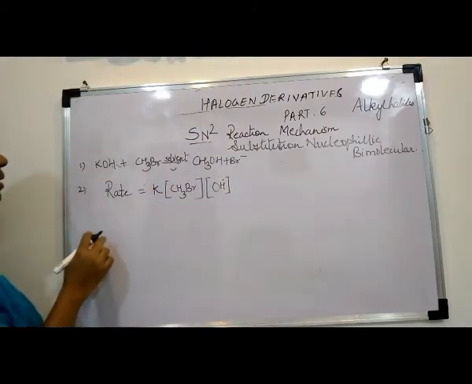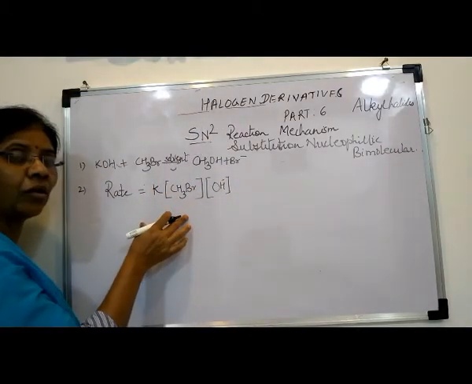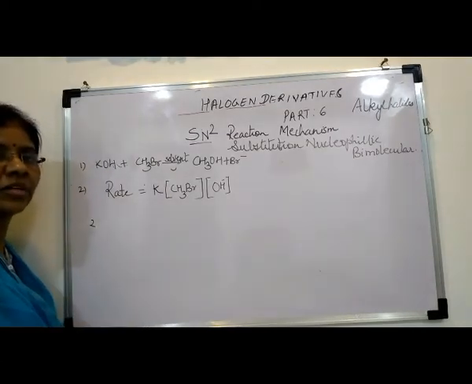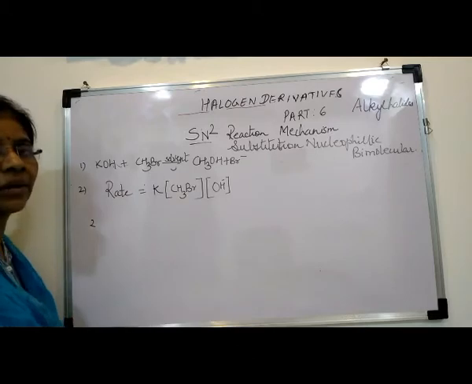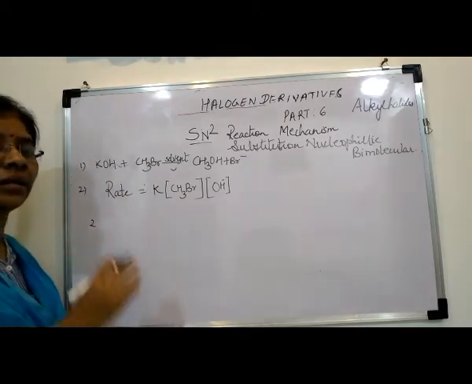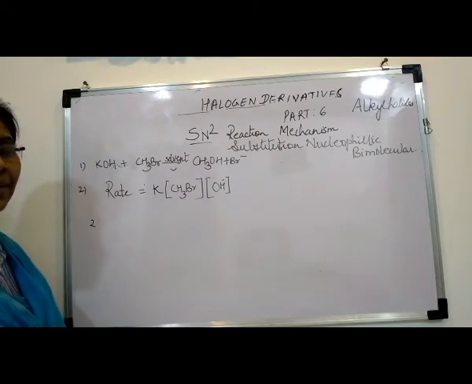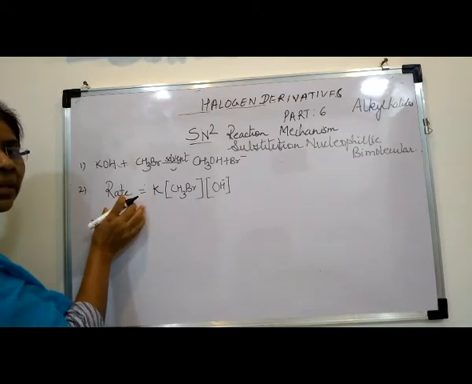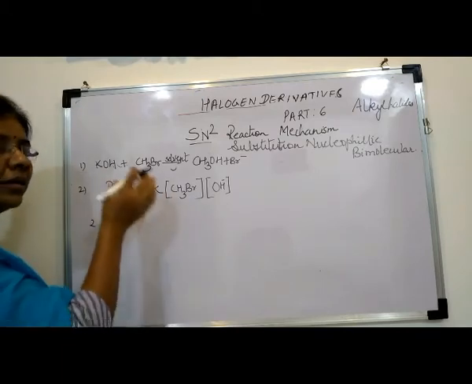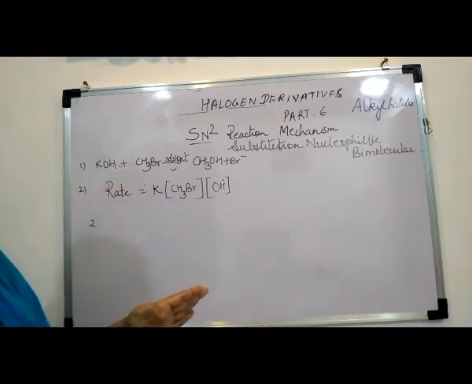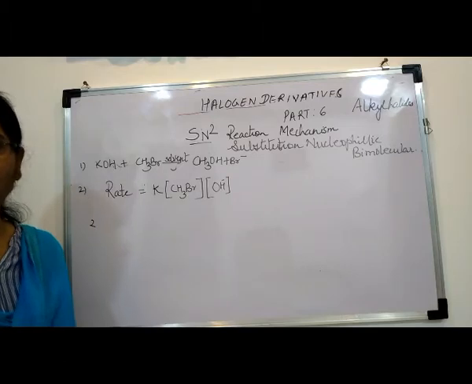What does this mean? That the molecularity of this reaction is 2, whereas order also is 2, second order reaction. Now the terms molecularity and order we have studied in chemical kinetics. But since two molecules are involved in the rate determining step, they are involved in determining the rate of the reaction, we can say that this particular nucleophilic substitution reaction is also bimolecular.